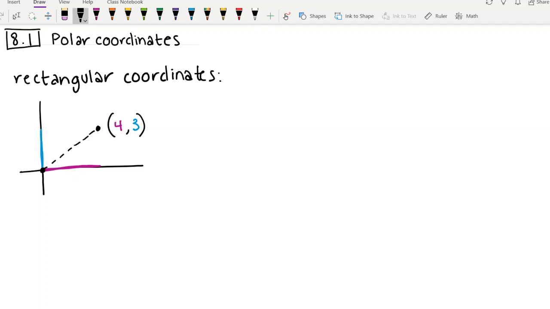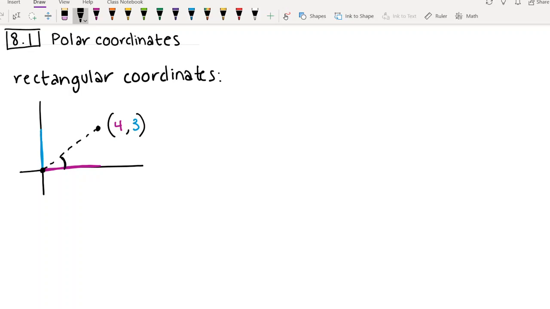Just knowing what the distance is doesn't tell you where that point is, because the point could also be at that same distance over here, or over here. The distance doesn't give you enough information to tell you exactly where that point is located. So what information do we need to add in order to uniquely locate that point? Well, we need to know the distance, and then we also need to know this angle.